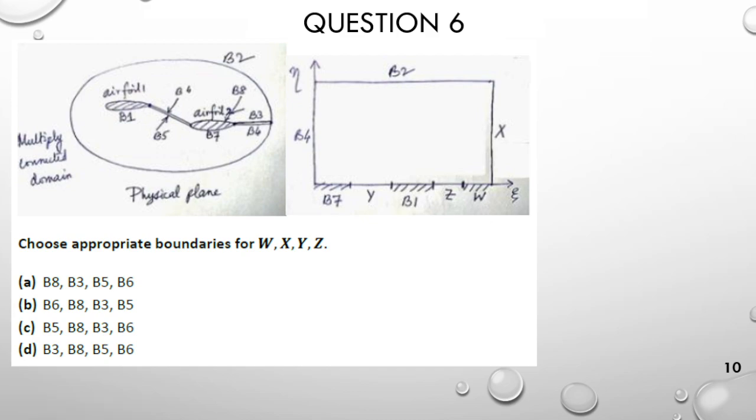Question number 6 is similar to question number 4, but instead of a doubly connected domain, we have a multiply connected domain here. Again we have to do the same kind of exercise. We have to push this b4 down and pull this b3 up.